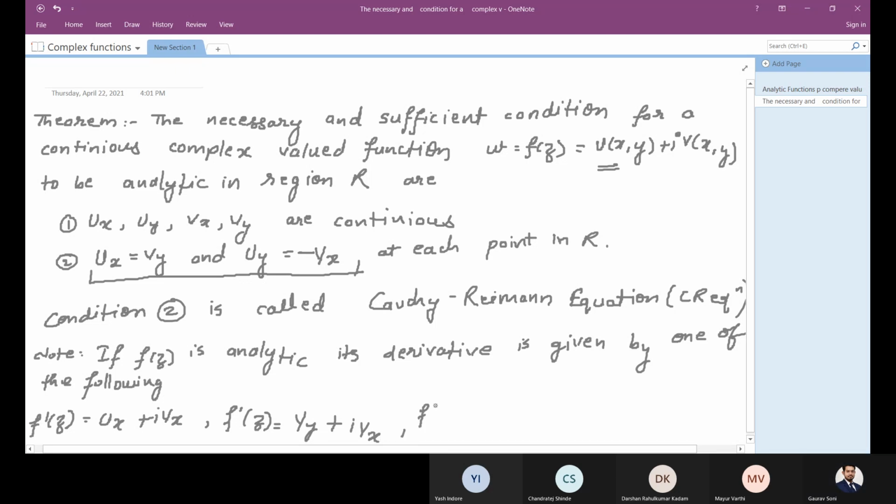Or f dash of z is equal to ux minus I times uy. f dash of z is equal to vy minus I times uy. Can anyone tell me, are they different, all four of them? Do they look different?